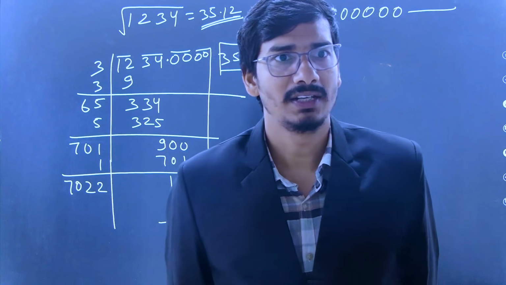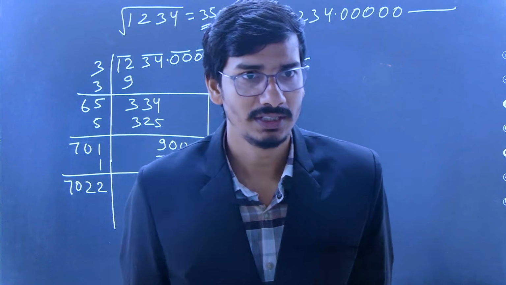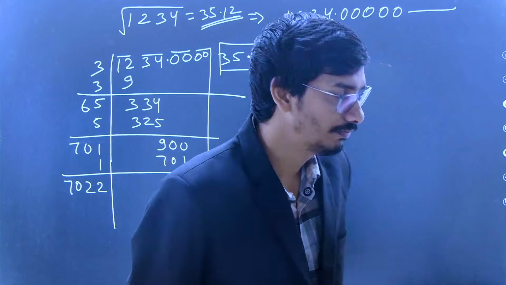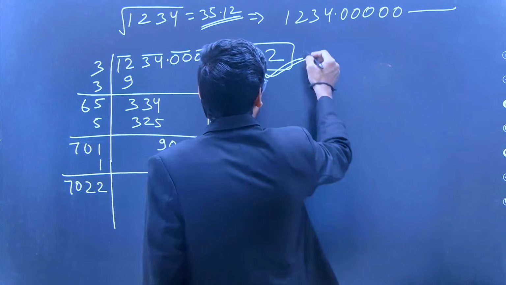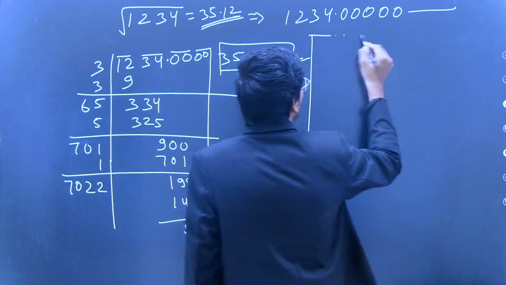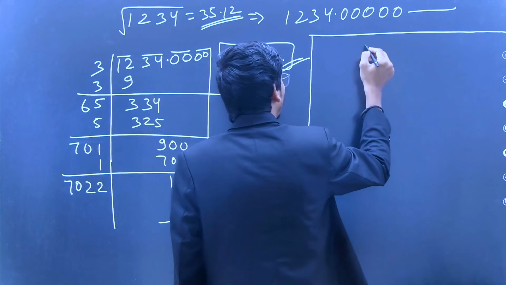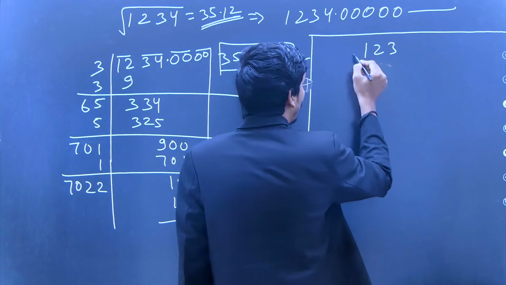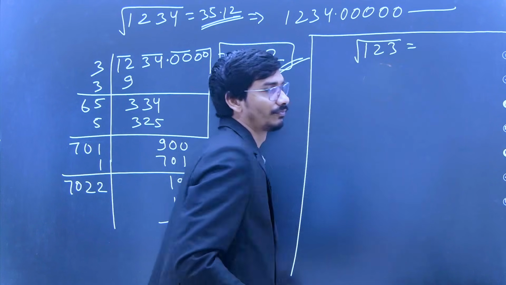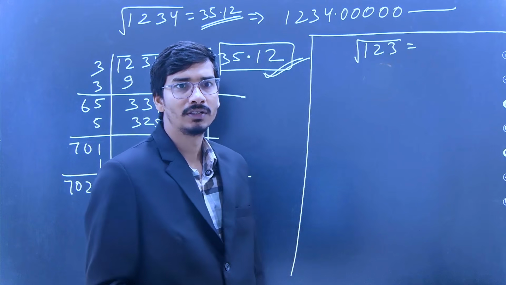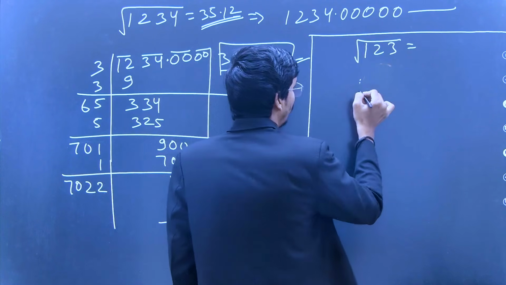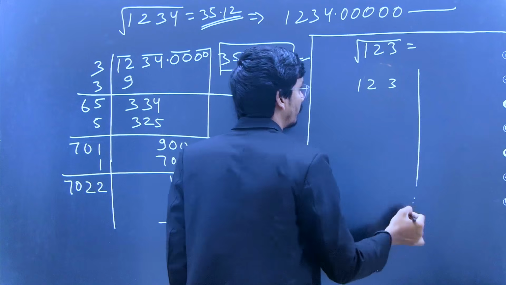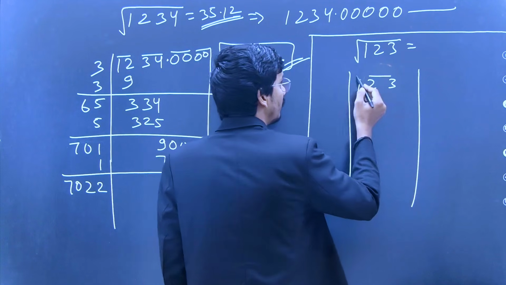Now again, people are telling me they do not understand. Okay, let's take one more problem. Let us suppose we take the square root of 123. First we write 123. Clear?